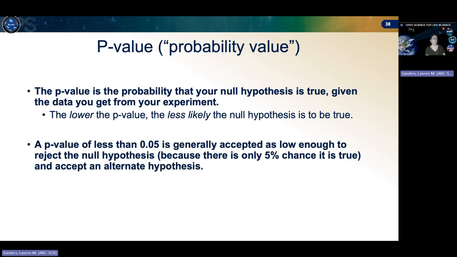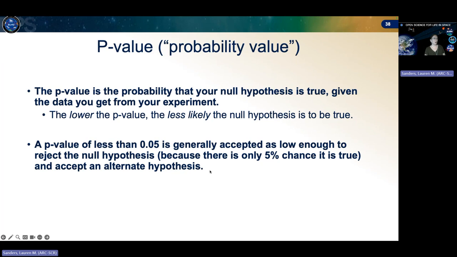So in this case, the lower the p-value, the less likely the null hypothesis is to be true. And we generally will accept a p-value of less than 0.05 as low enough to reject the null hypothesis. So here we would say there's only a 5% chance that the null hypothesis is true.